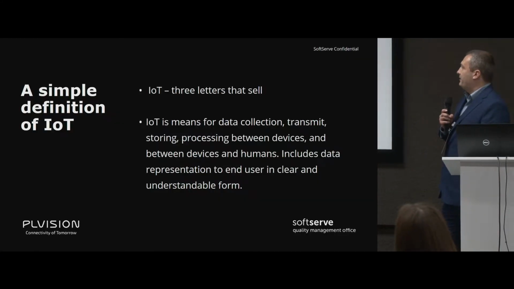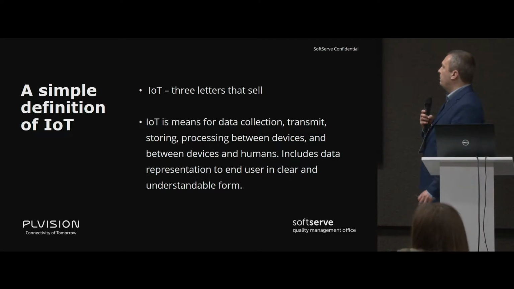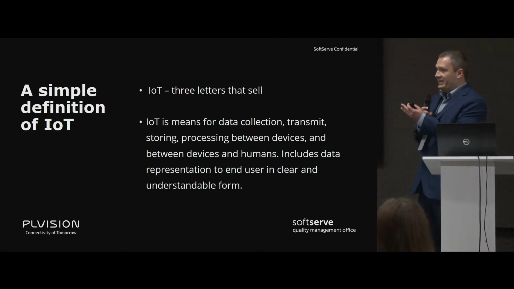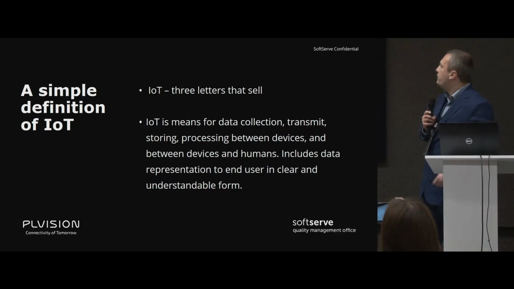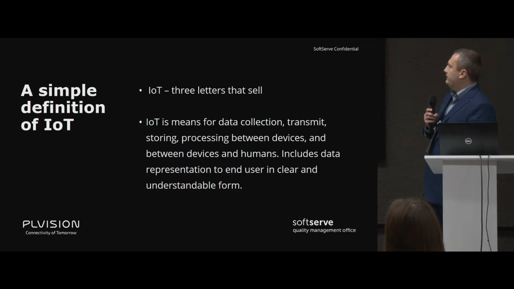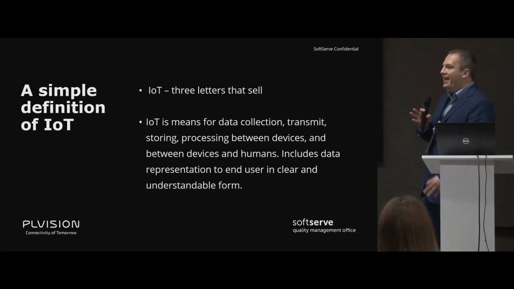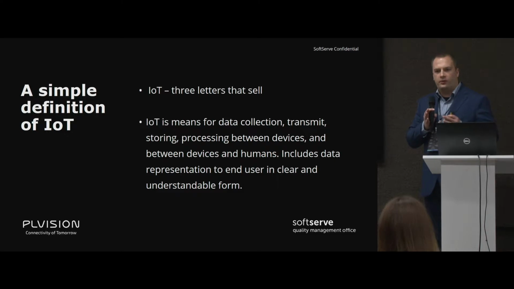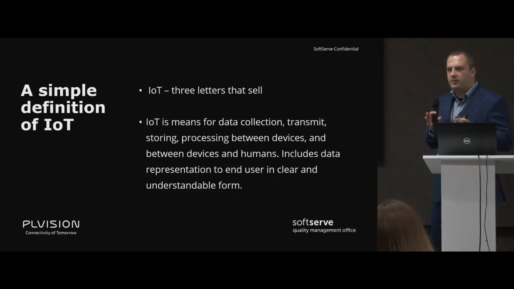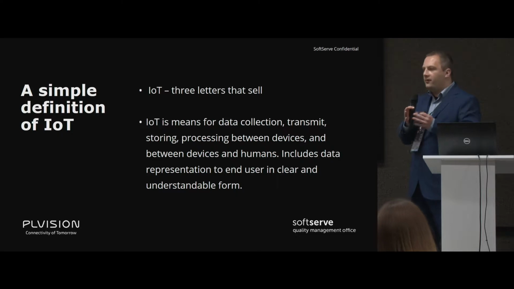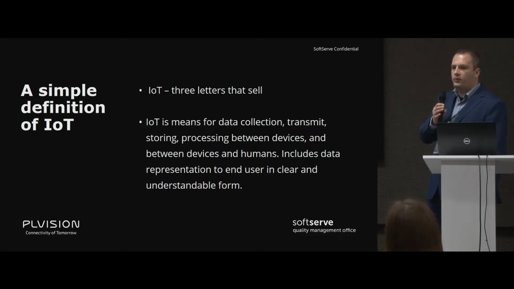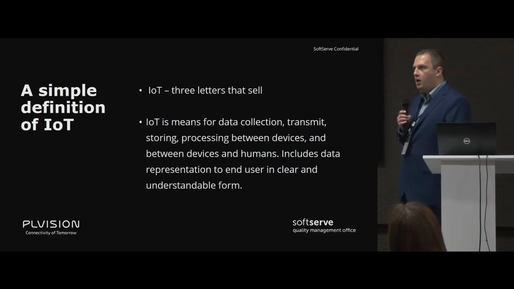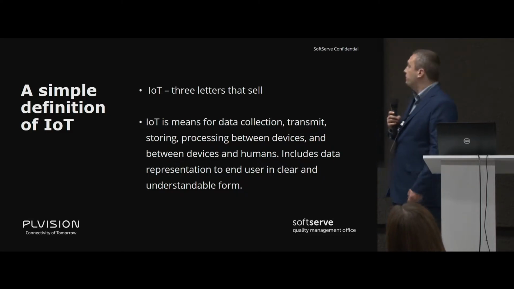First of all, let's define IoT to simplify what we are talking about. Three letters that sell: mobile, web, cloud, whatever, IoT. In a wider understanding, the definition of IoT is as wide as the underpants of a sumo wrestler. Everything can get there. But usually it is data transmission from devices to devices, or from devices to humans, to make some decision.